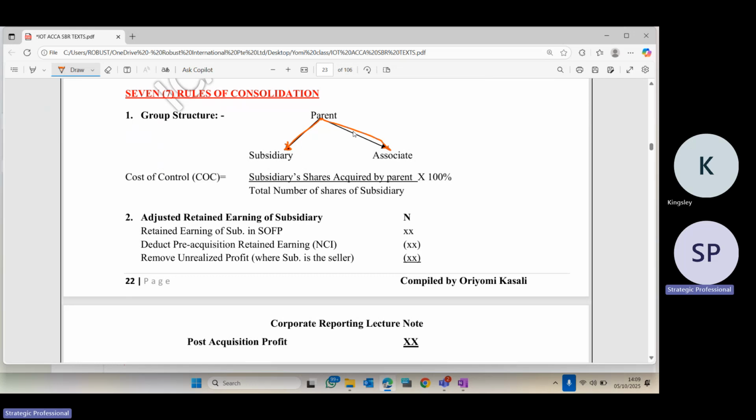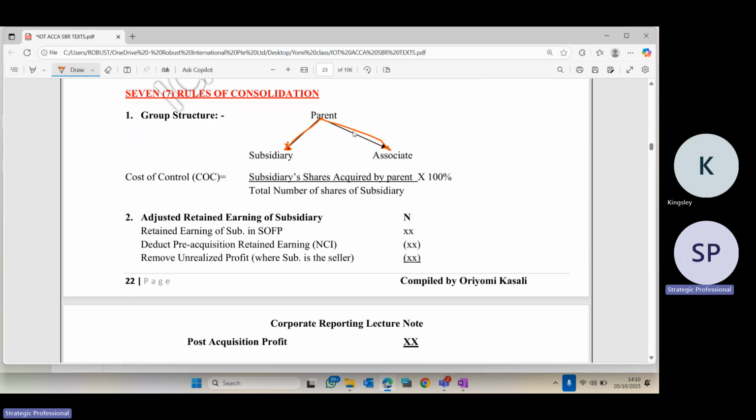It may occur where the parent would acquire more than one entity, and it may occur that it will be just one entity that was acquired. Please take note of that.